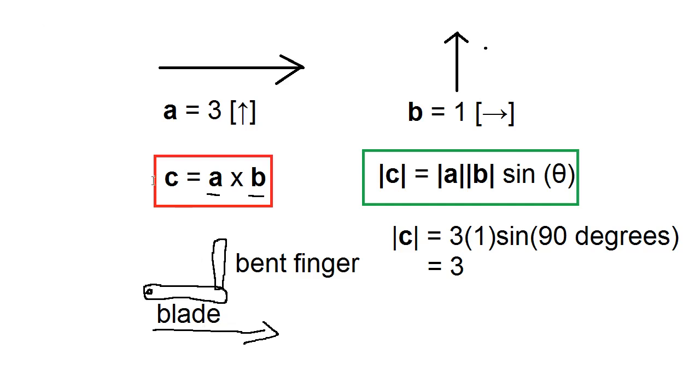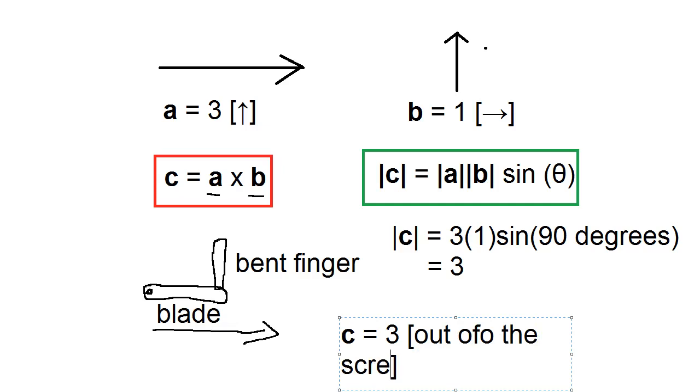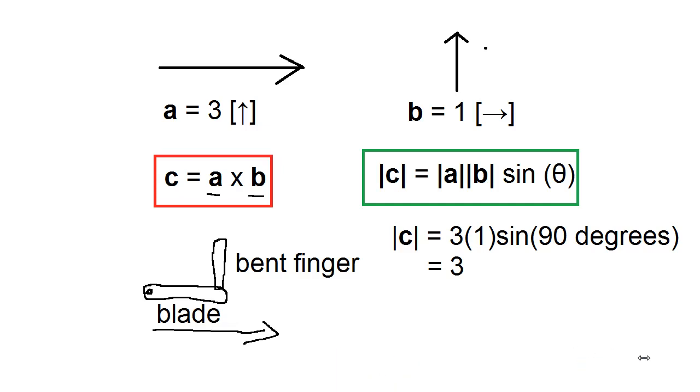In other words, your thumb should be coming out of the screen towards me. What this means is our resultant cross product vector is going to be 3 units long, because that's the magnitude we calculated, and it's going to be out of the screen towards all of you.